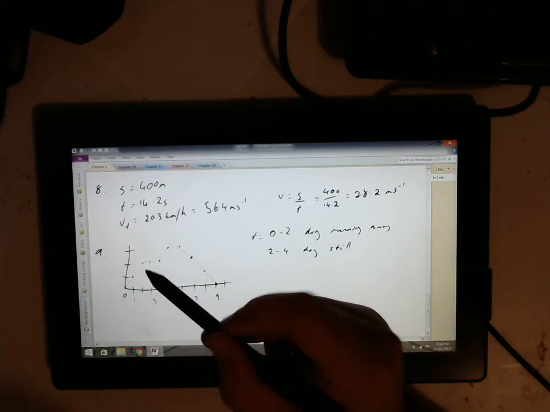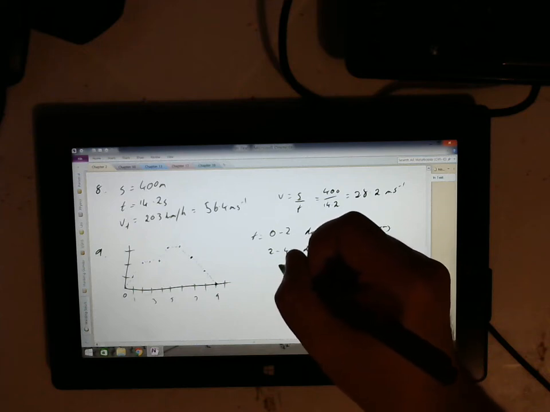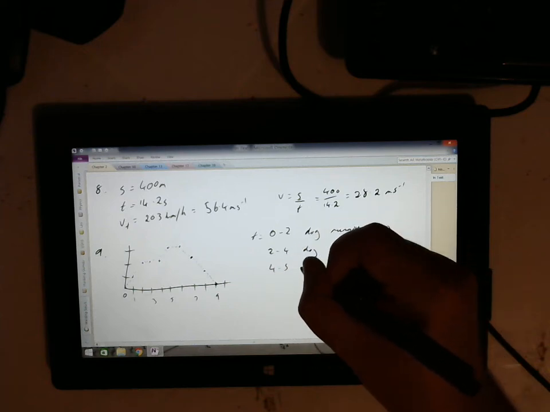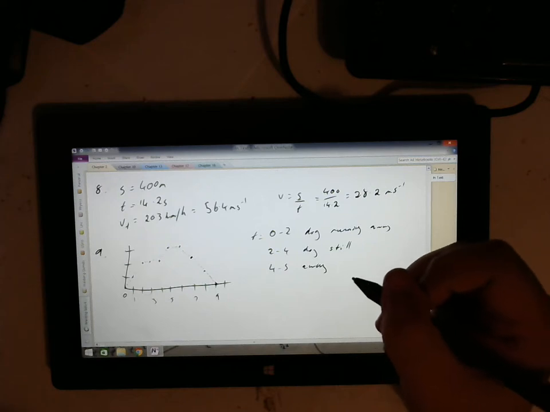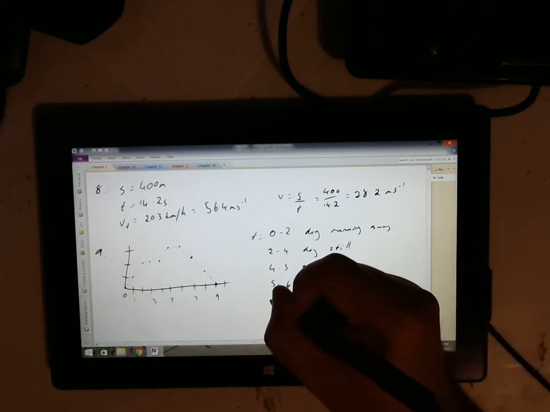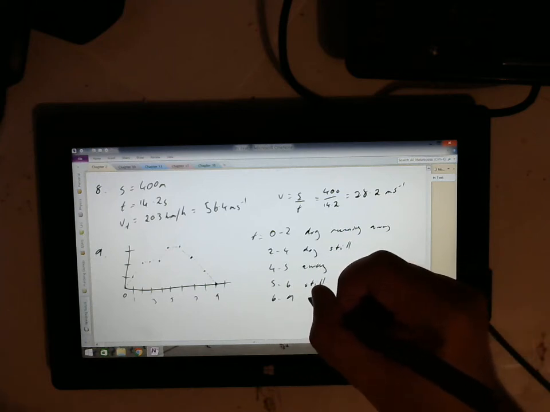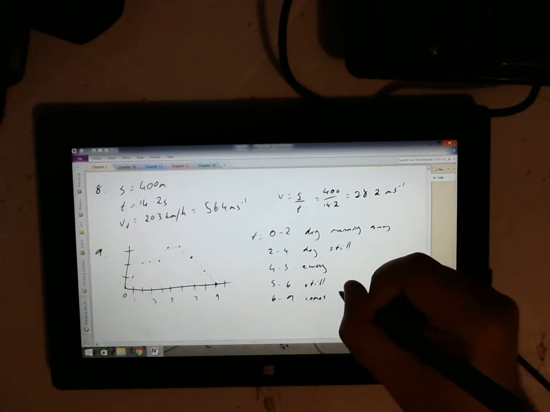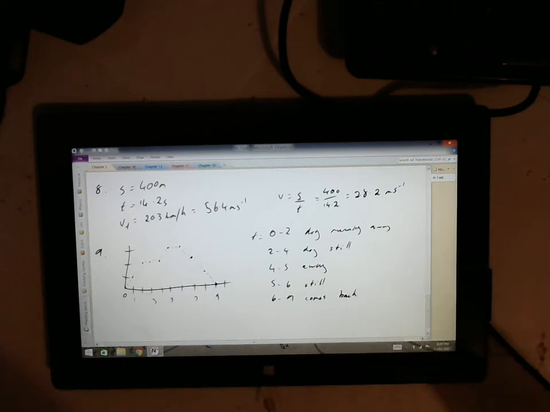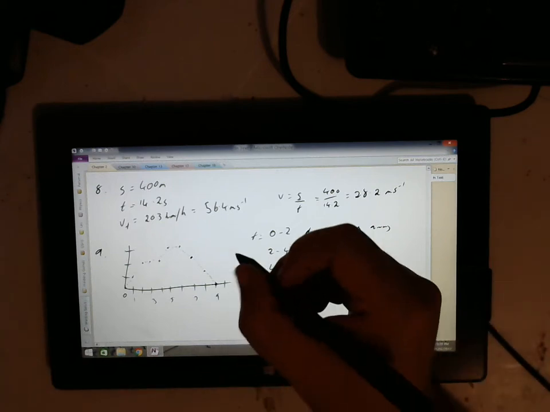If there's no gradient, there is no velocity. If there's no steepness, there is no velocity. 4 to 5 goes away again. 5 to 6 still. 6 to 9 comes back. Okay, so your dog runs away, stays still, runs a little bit further, stops, comes back. Alright, so that was part A.